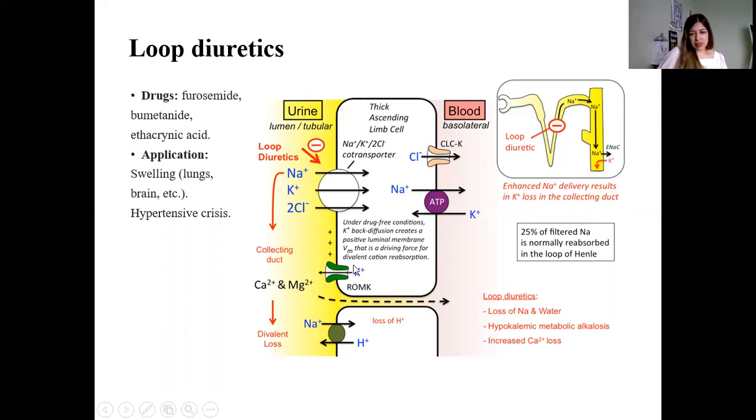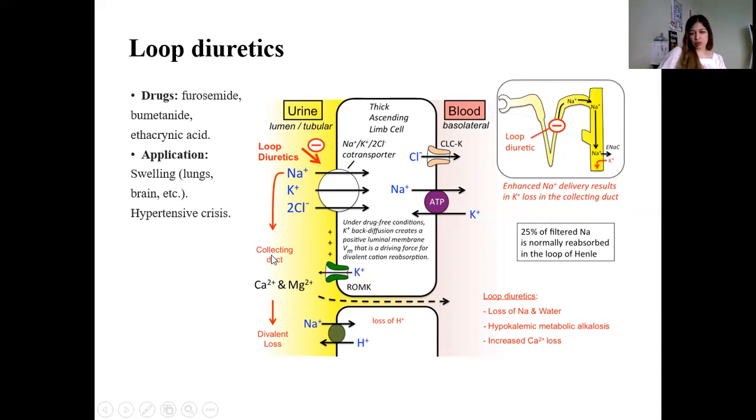Okay, what happens when we use the loop diuretics? Loop diuretics block the sodium potassium 2-chlorine co-transporter, block them. By this, we have a lot of sodium, potassium, and 2-chlorine here in the urine, and they move further to the collecting duct.